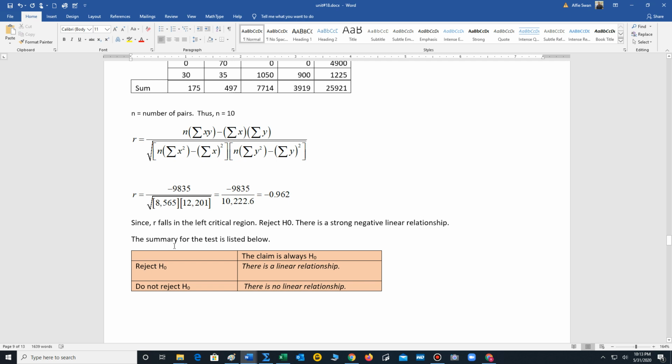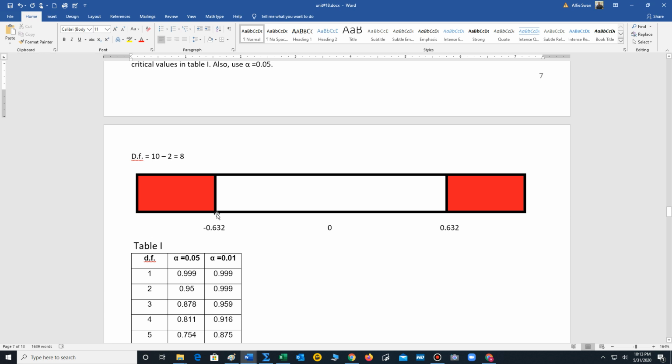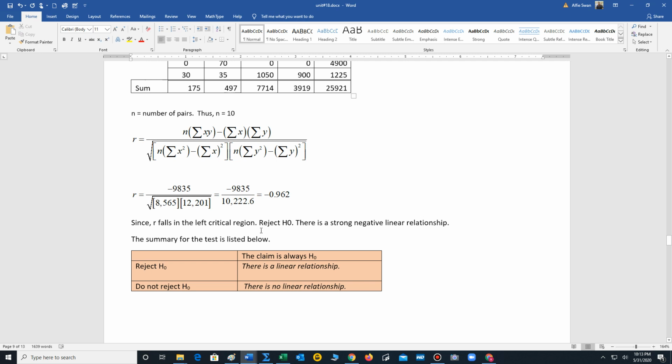And so now let's examine our results. We have negative 0.962. That falls in the critical region. So we reject H0 whenever a test point falls in the critical region. Reject H0.